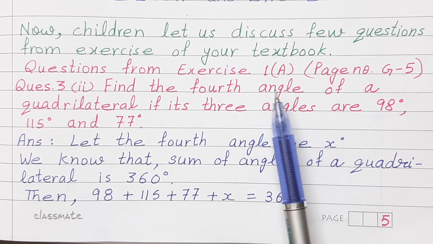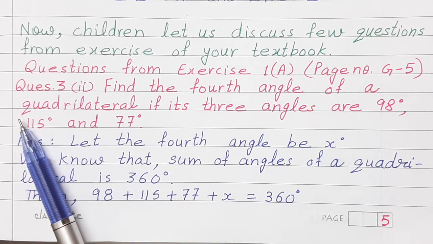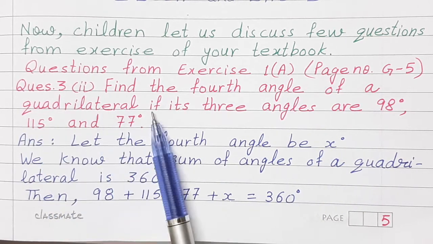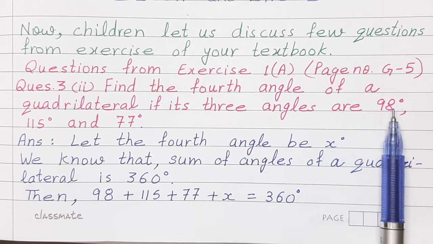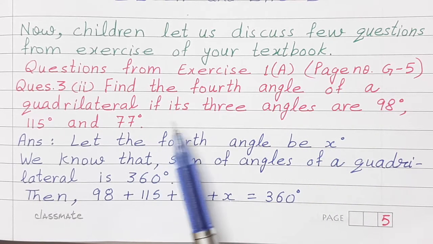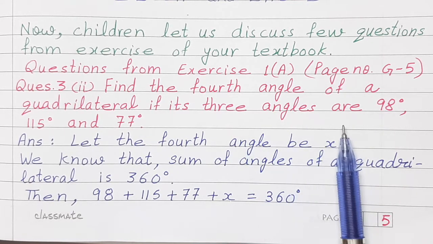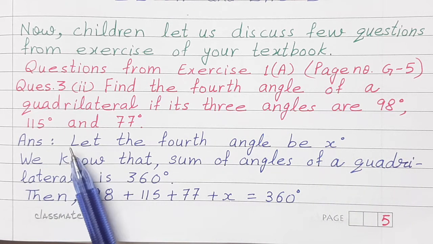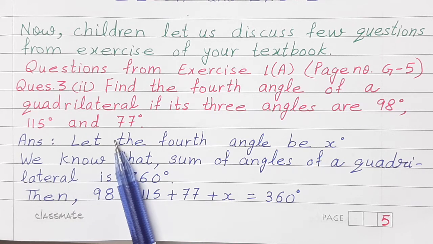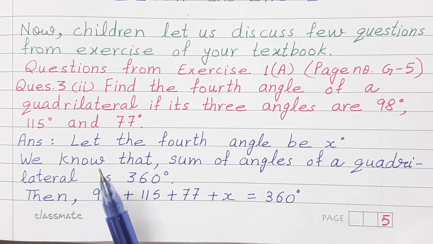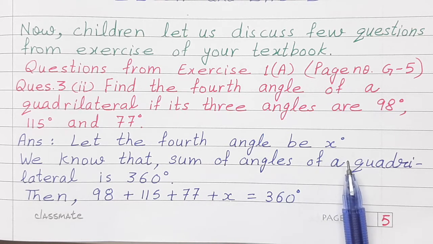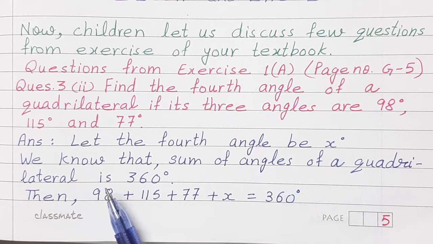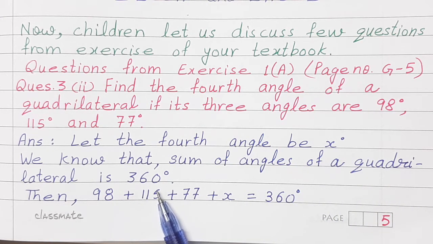Question from exercise 1A. Question number 3 is, find the fourth angle of a quadrilateral if its three angles are 98 degree, 115 degree and 77 degree. So the solution will be, let the fourth angle be X. We know that sum of angles of a quadrilateral is 360 degree.